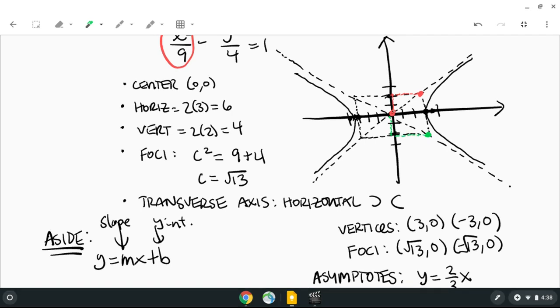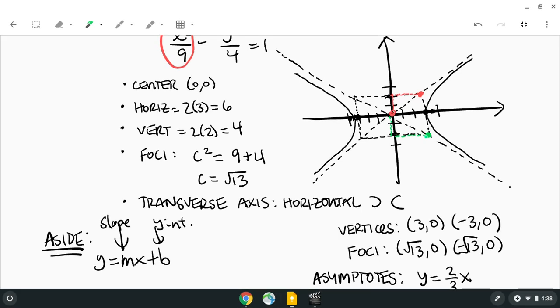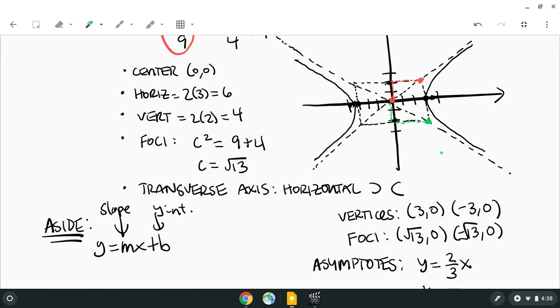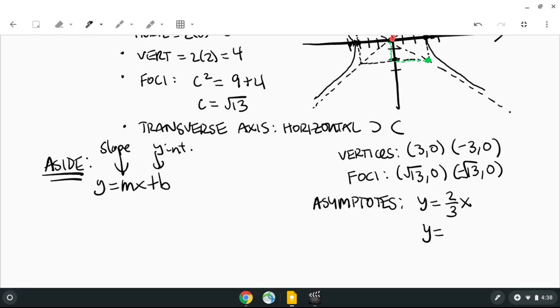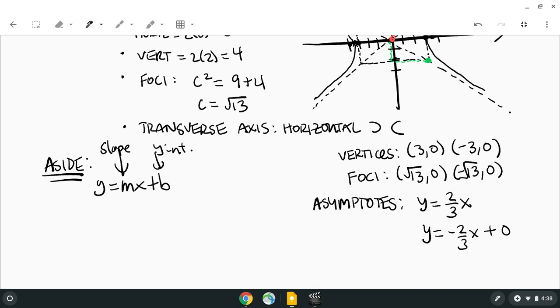So that's my slope, negative 2 over 3, rise over run. So the other one is y equals negative 2 over 3 x plus 0, because the y-intercept is 0. Again, do I need to write the plus 0? No. You can just leave it like that.